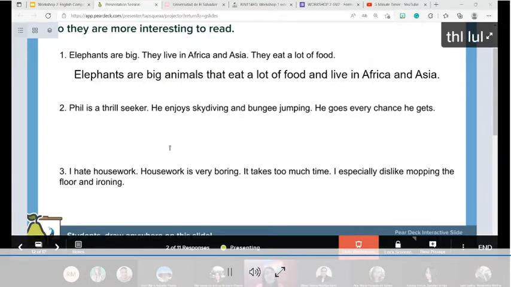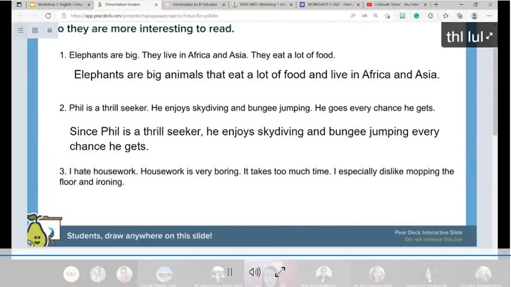What about the other one, the third one? I hate housework. Housework is very boring. It takes too much time. I especially dislike mopping the floor and ironing.